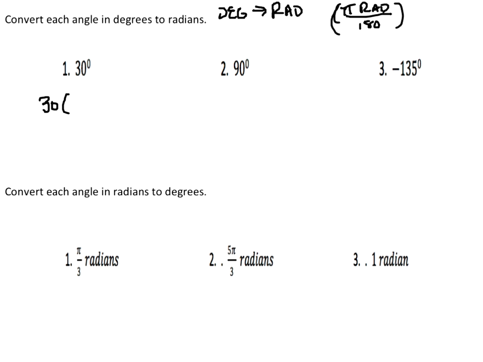So we have 30 times pi radians over 180. And I'll show you the simplification here. 30 goes into 30 once and into 180 6 times. And so a 30 degree angle is equivalent to pi over 6 radians.